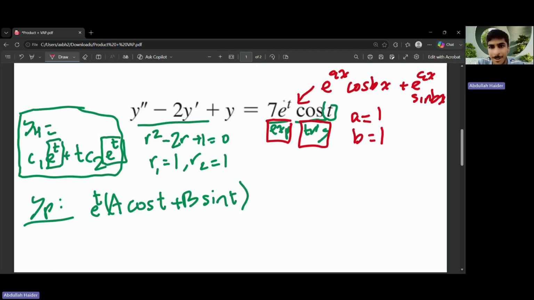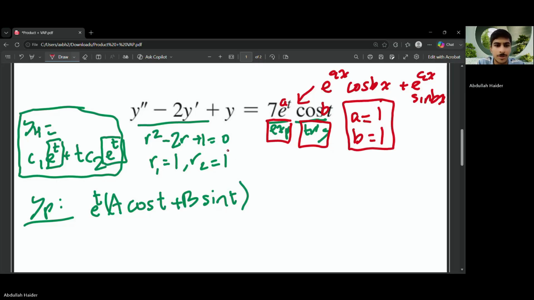From here we can see that e^(at), so a is 1, and then cosine t. So you assume that b is also 1. Why is this not similar? Because in this case you would have 1 plus i. 1 is the real part, and b is the coefficient of the imaginary part. So here you only have the real part. You don't have the i here.